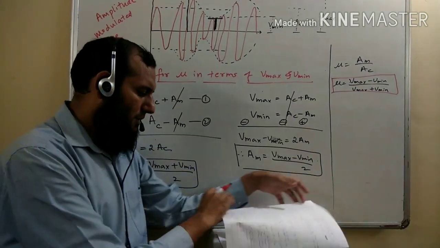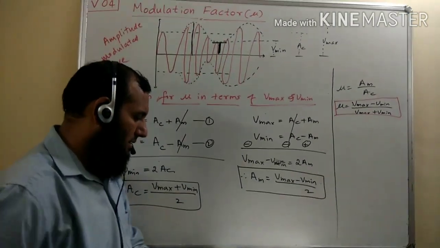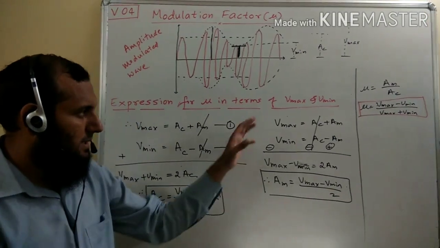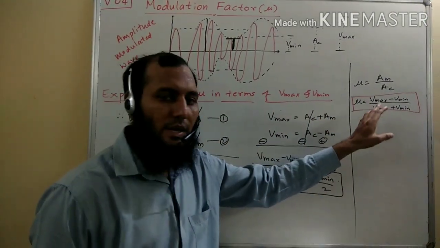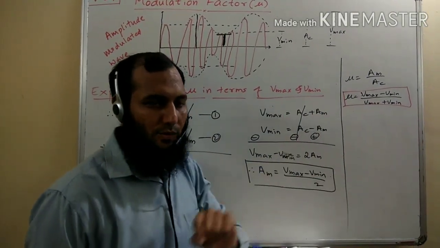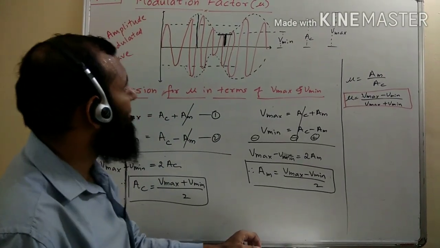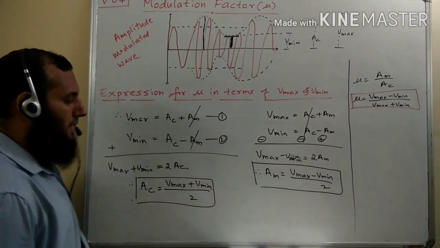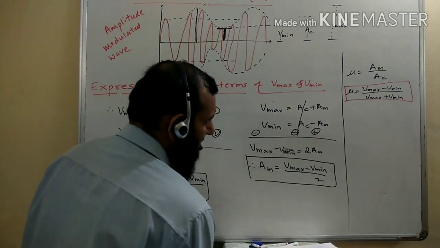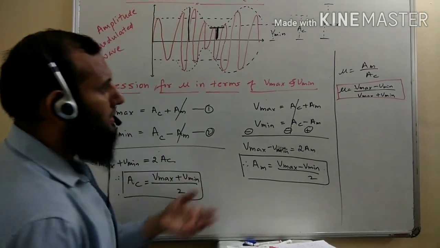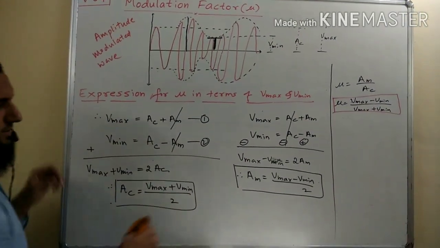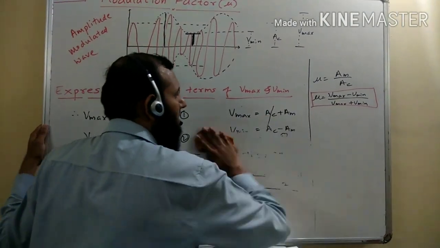There is one more expression, we'll do it later. All these expressions of mu are very helpful in problem solving. So that was the expression for modulation factor. The next thing which we'll see is the amplitude modulation transmitter, the AM transmitter.